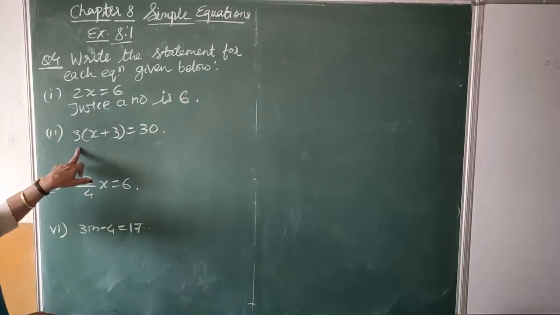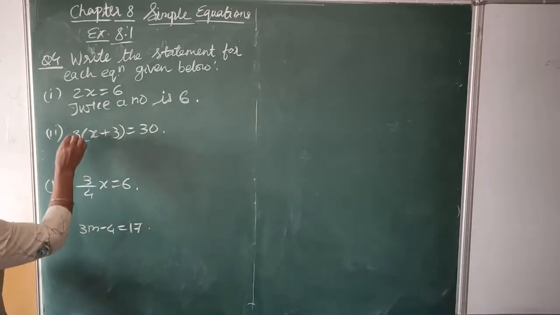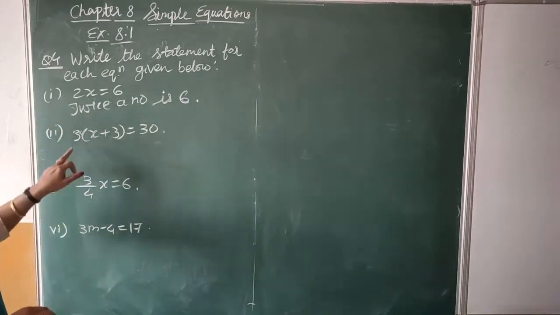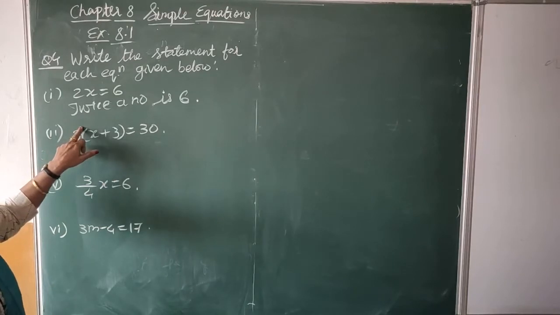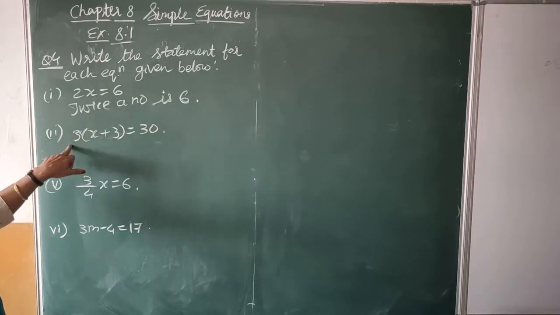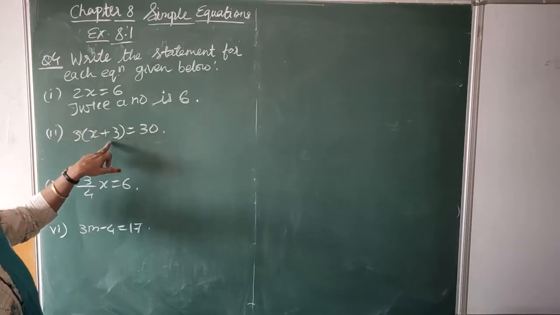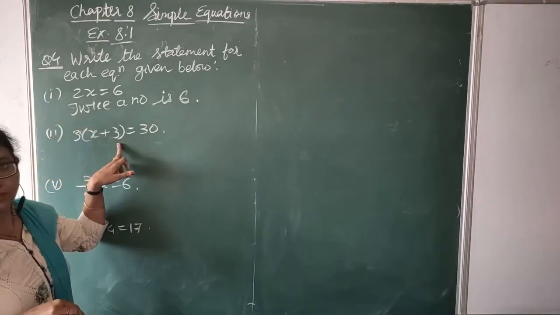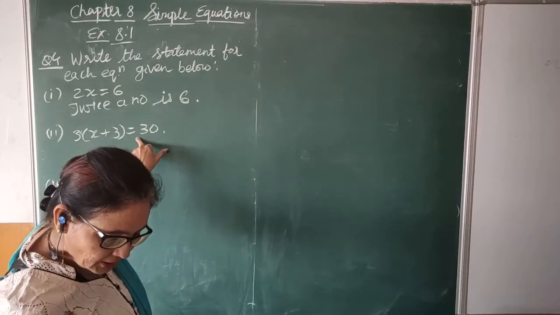Okay, let's see this one. 3 times, here what is the sign? Multiplication. Now here addition is given, the addition of x and 3. So 3 times the sum of x and 3 gives 30.